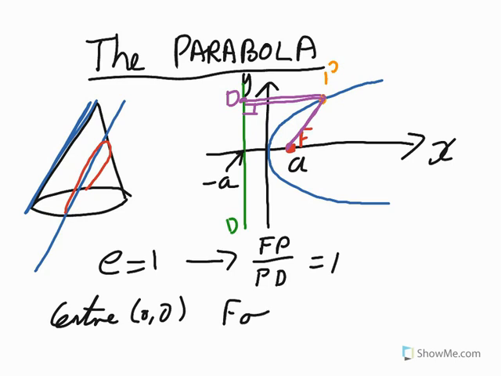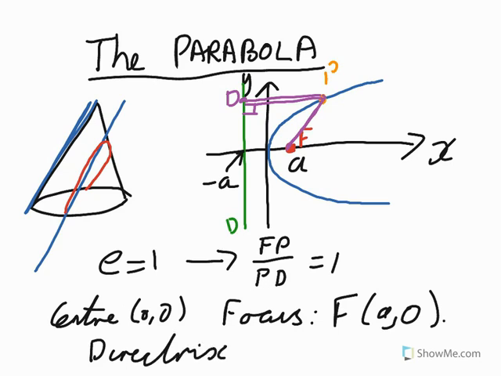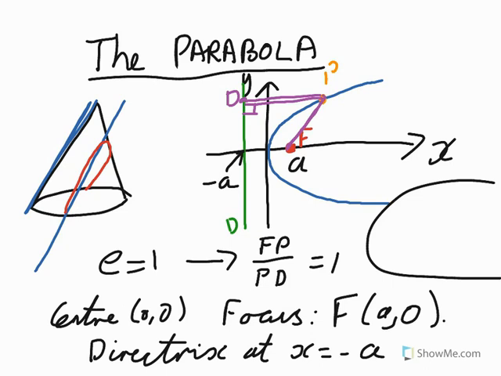Eccentricity is 1, focus here is at F, which is A and 0, and a directrix is only one of them for a parabola, at X equals negative A. And the equation then of that is y squared equals 4ax.